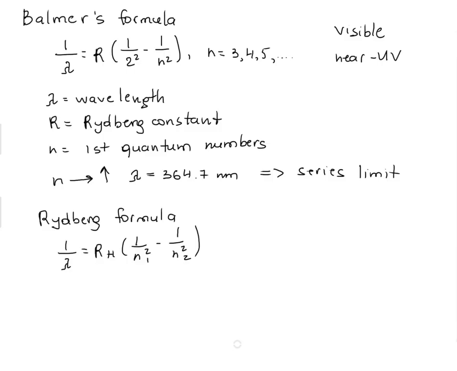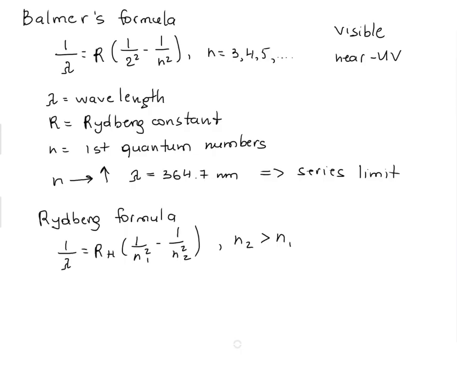So here you see, instead of having this 2, now we have N1 here. And there is a criterion that N2 should be higher than N1. That's the criterion that needs to be followed. In this equation, both N1 and N2 are integers again.